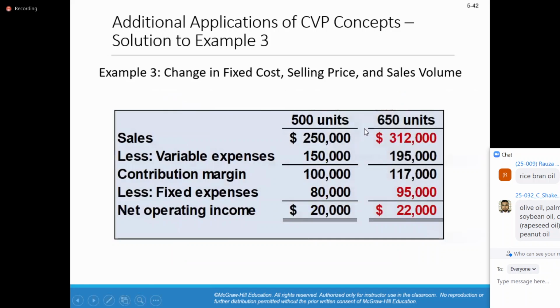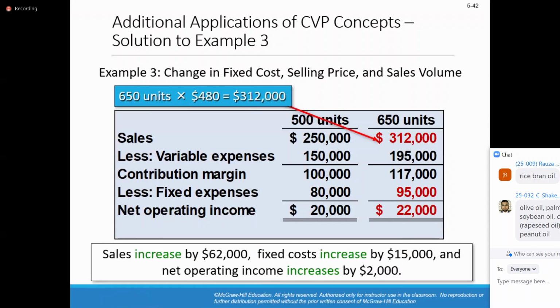Okay, first of all, what can we do? We can look at the total scenario by preparing a plain income statement, a contribution format income statement, because we see that our sales volume has changed from 500 to 650. So for 650, have we seen any changes in selling price?